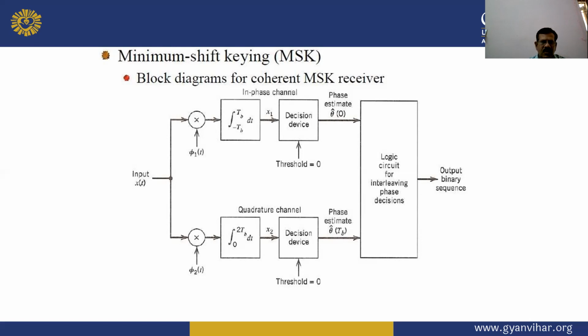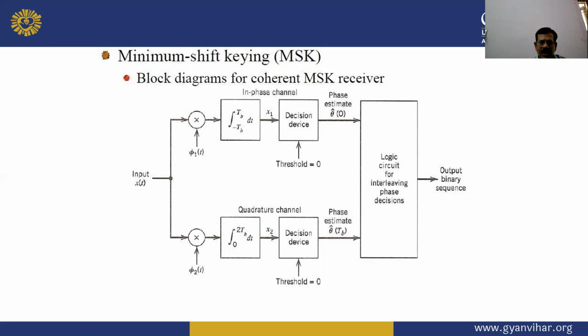The input x(t) is applied to the two multipliers, and the output of these multipliers is applied to the two integrators. The outputs of these two integrators, x1 and x2, are applied to the decision devices, and a threshold equal to 0 is also applied to these two decision devices.